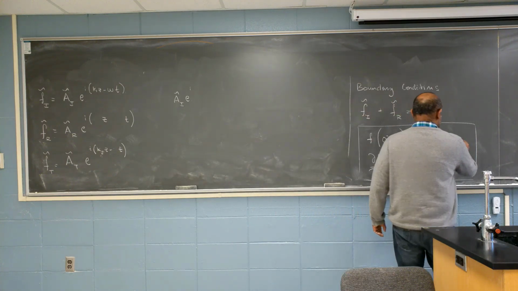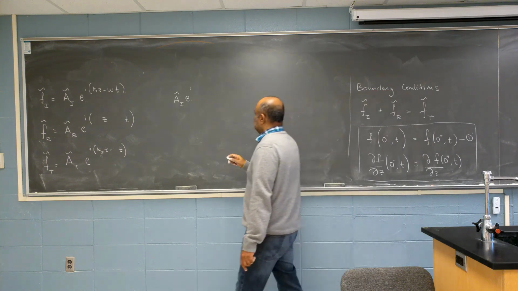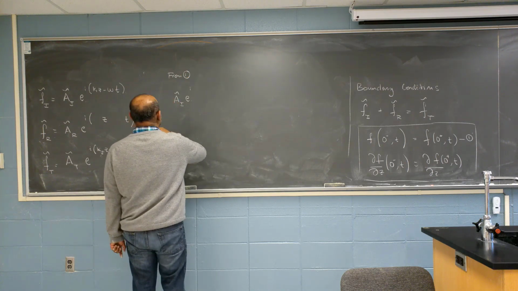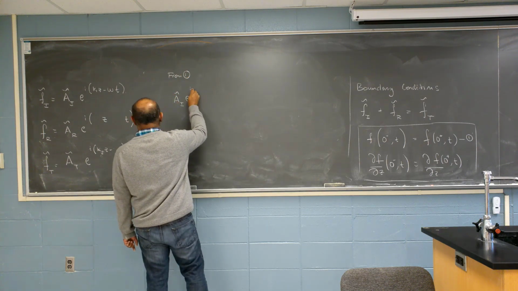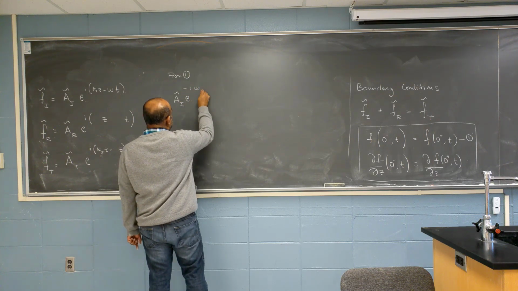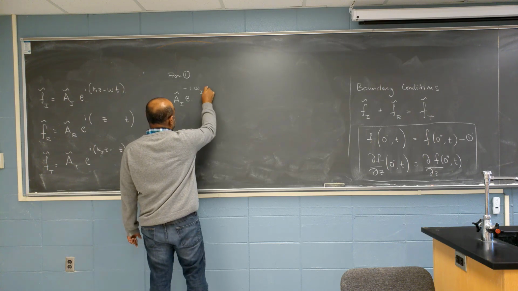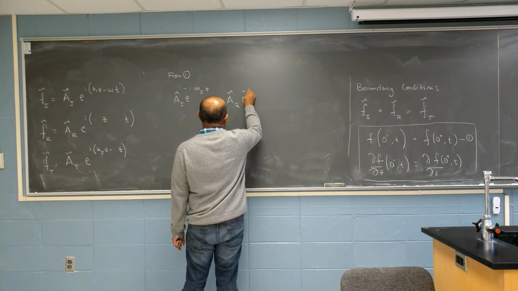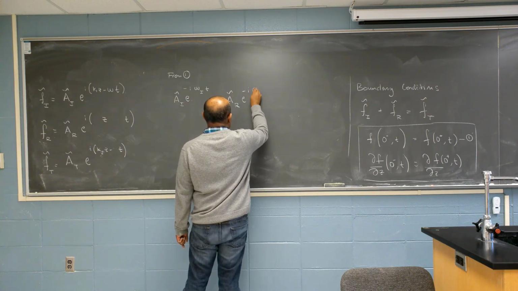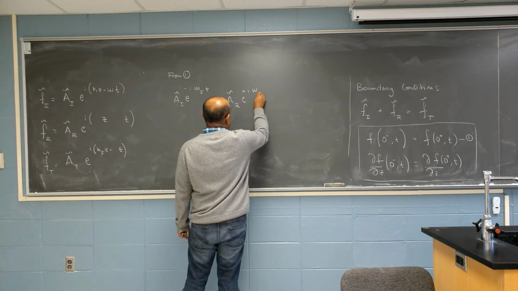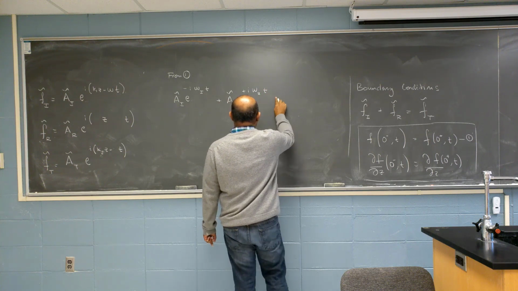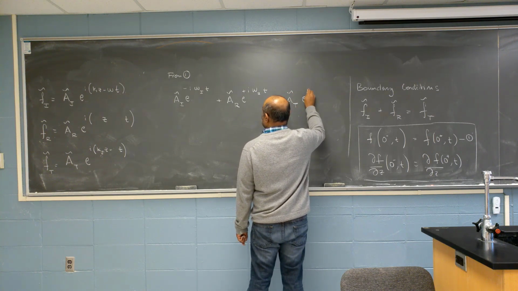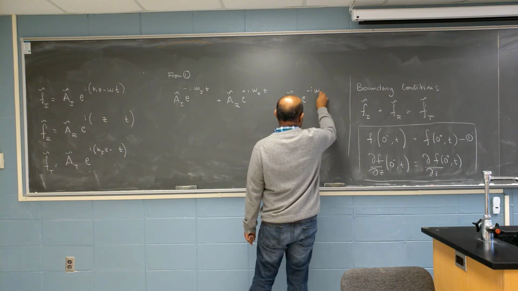So let me call this i minus omega incident t plus a tilde r e to the minus i, or even, let me do it this way, reflected t should be equal to a tilde transmitted e to the minus i omega transmitted t.